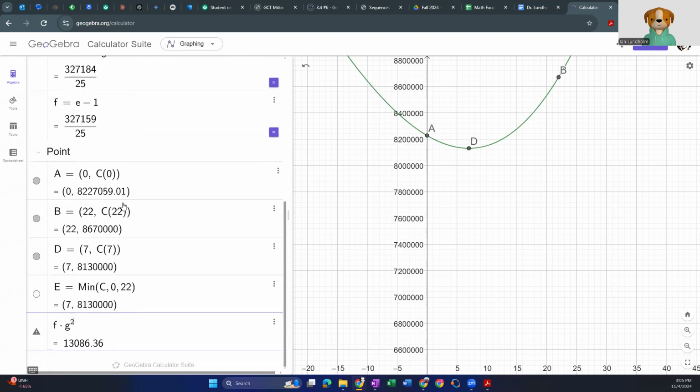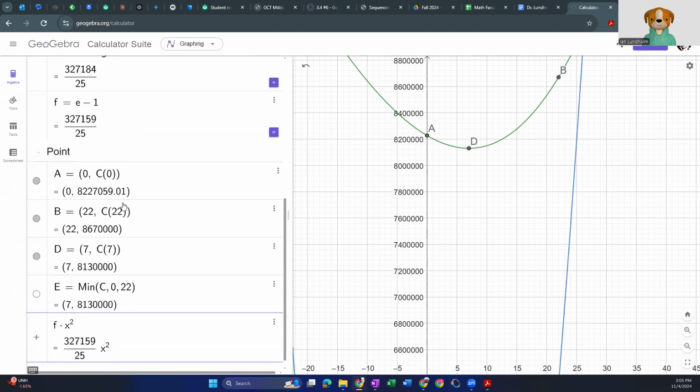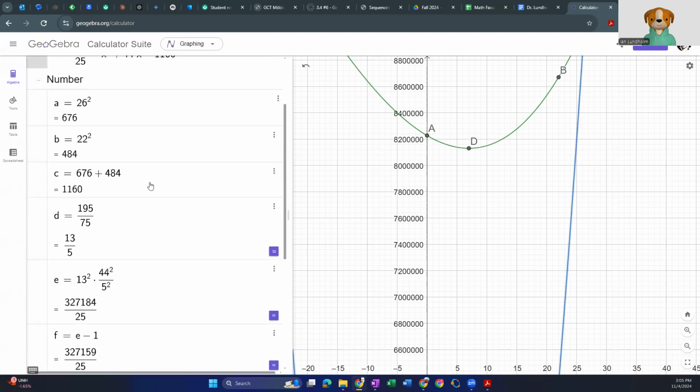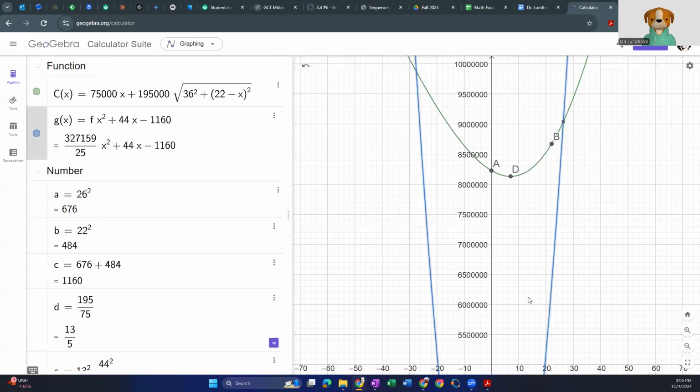Okay, but we don't want x, we want x squared for our variable. So there's that fraction times x squared plus 44 times x minus 1,160. So here we get a nice quadratic.